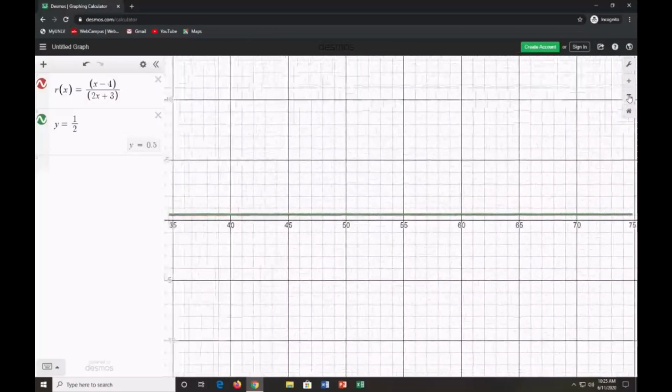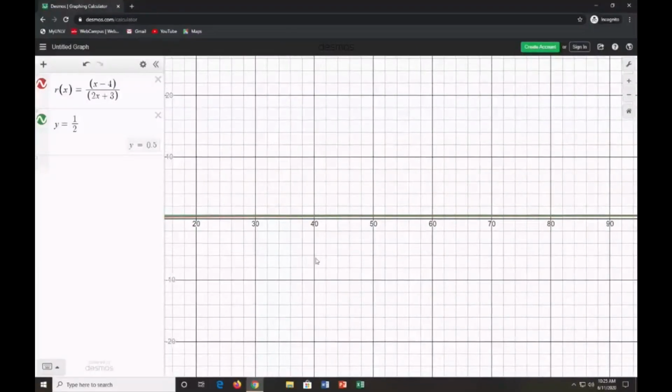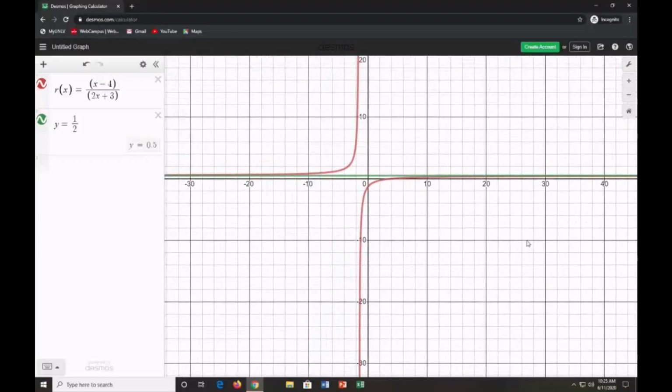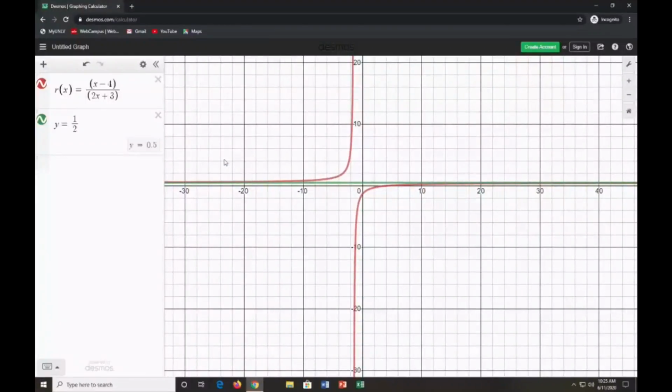So if I zoom out again, you can see how that graph behaves, right? So we have the horizontal asymptote at y equals 1/2, and the red curves are the graph of the rational function.